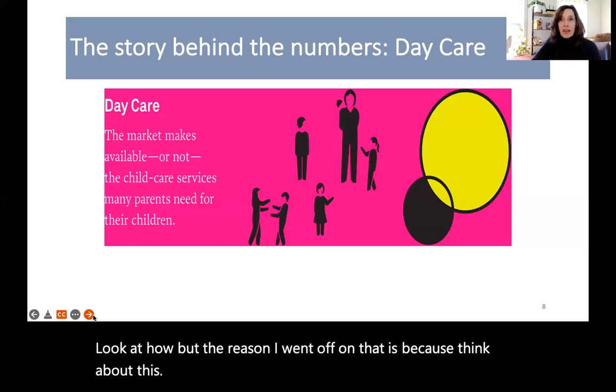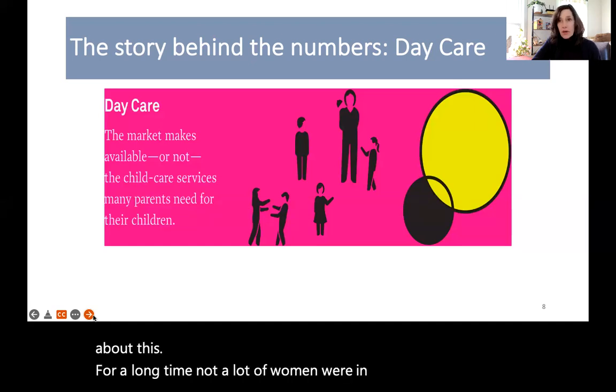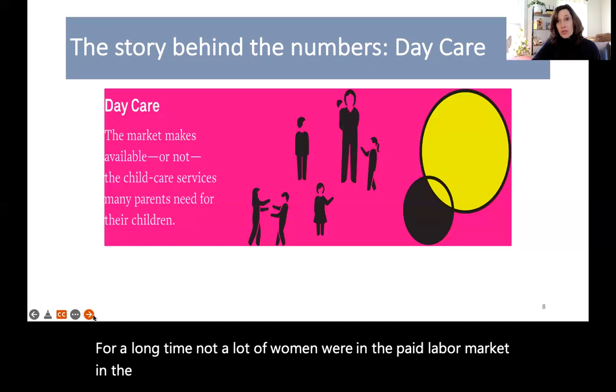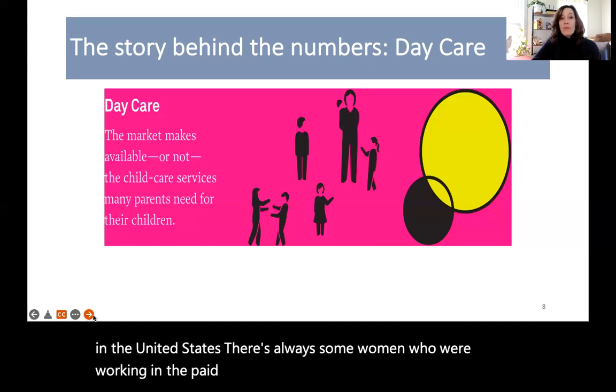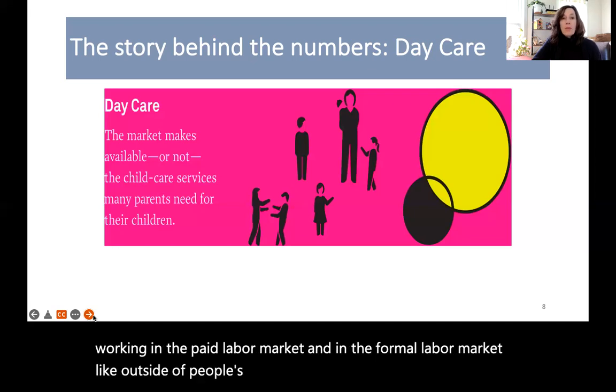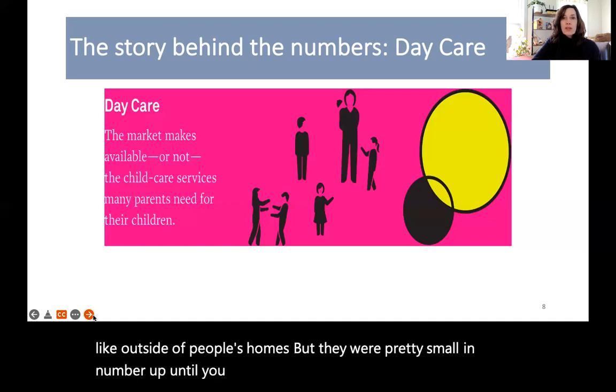For a long time, not a lot of women were in the paid labor market in the United States. There's always some women who were working in the paid labor market and in the formal labor market, like outside of people's homes. But they were pretty small in number up until really the latter 60s and then 70s and then 80s. It really begins to explode.